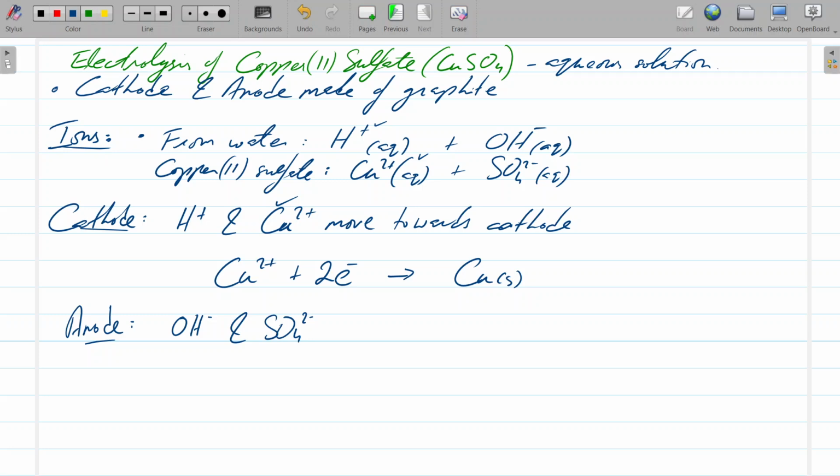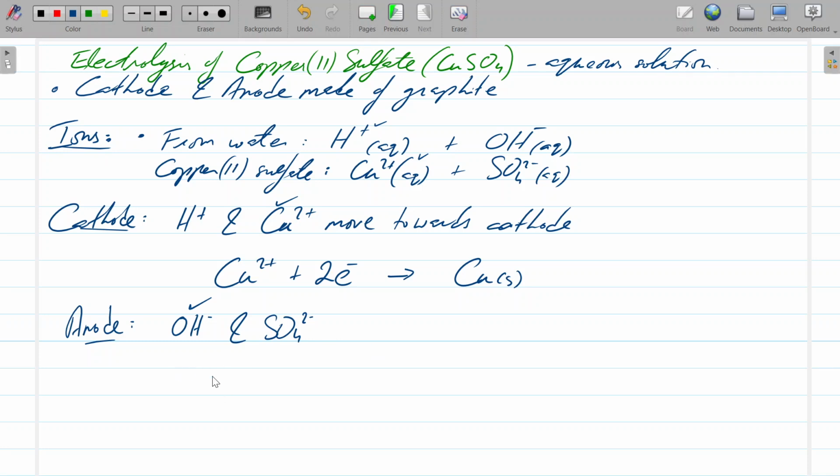And so compared to the sulfate, the hydroxide will give up its electrons more easily. And so what you will have is the formation of oxygen gas.